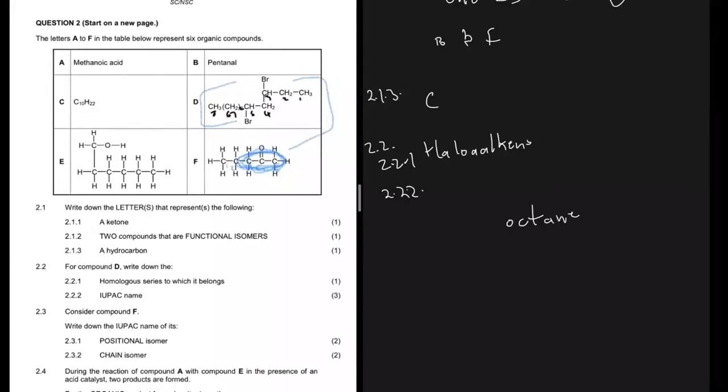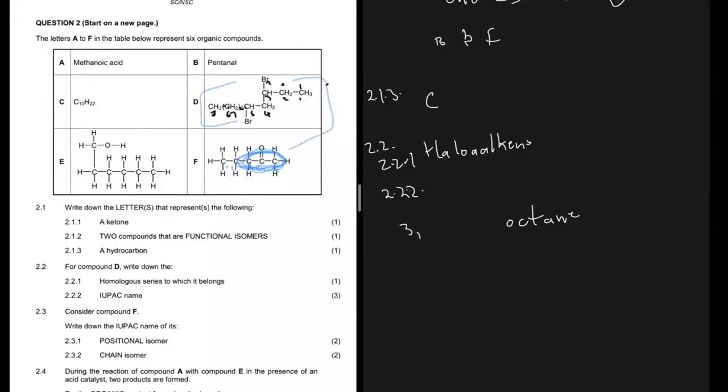And now we look for where the halogens are positioned. If we count from the right hand side, it's 1, 2, 3, and if we count from the left hand side, it's 1, 2, 3, 4. So the closest path to a halogen is from the right hand side.